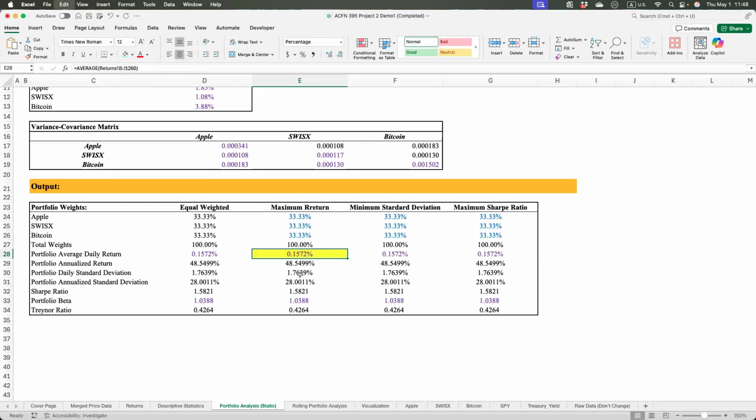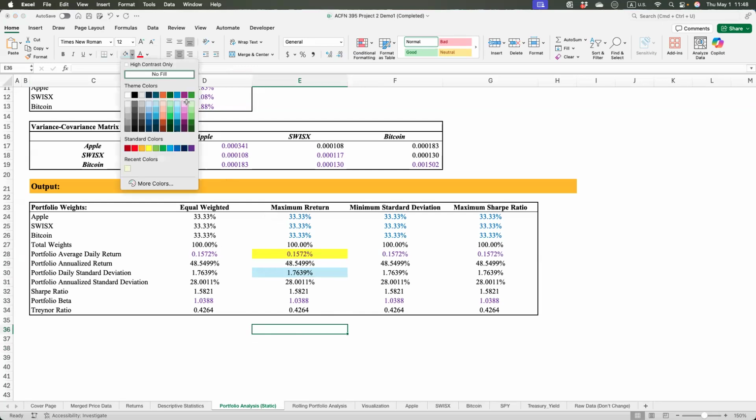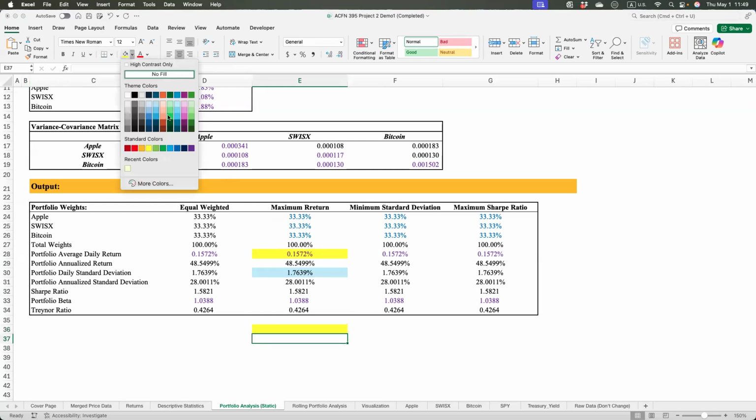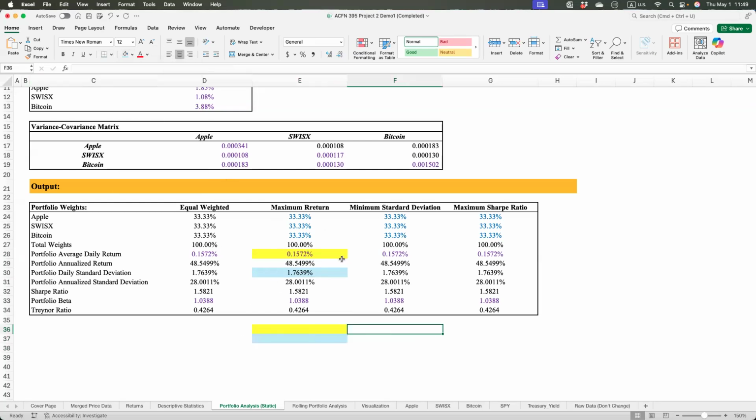So the constraint for this one will be to keep this risk the same as the equal weighted, but let's see if we are able to increase this return by changing the weights. That's the goal here. I'm going to put it this way on the bottom so you won't be confused about my highlights.